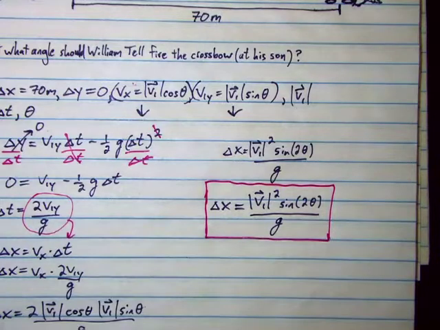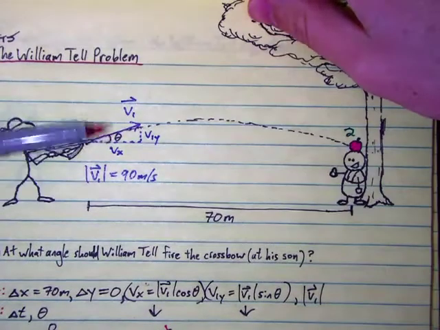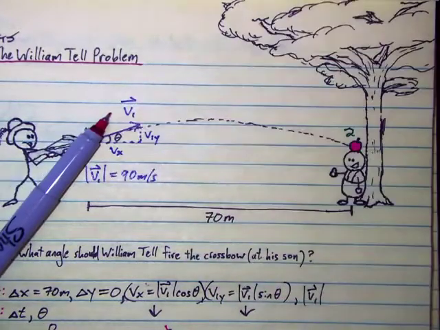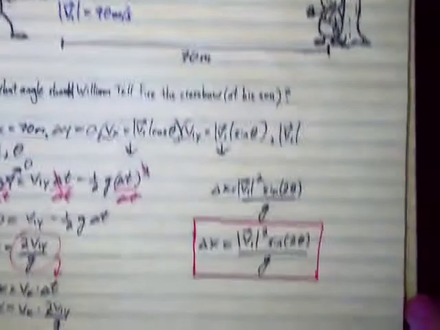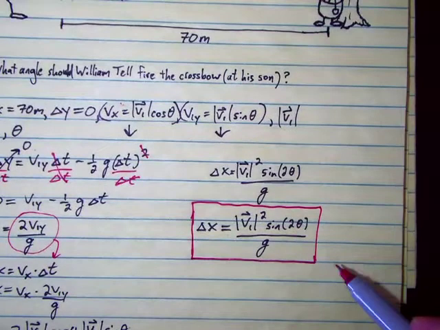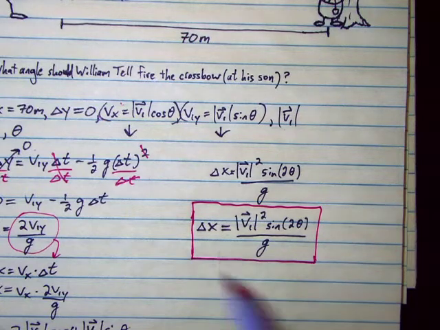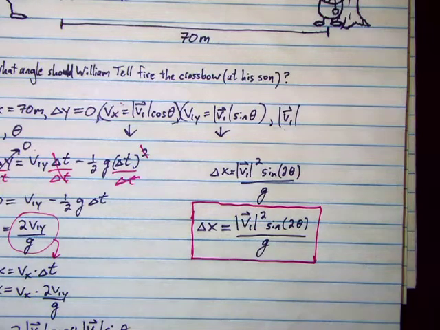One thing you can do with this equation is determine what angle will give you the maximum range. What angle should you fire at to make the projectile go as far as possible? You may have an instinct about what that answer is. Can you use this equation to prove what that answer is? What angle here gives you the maximum range? I'm not going to solve that problem right now. I'll leave you to think about it.